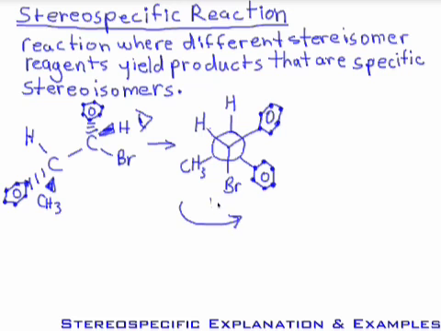This anti-result means that when the double bond forms here, the two phenyls are on the same side.